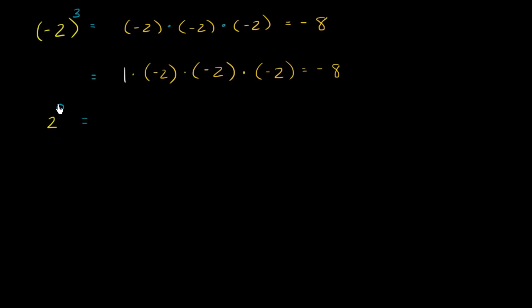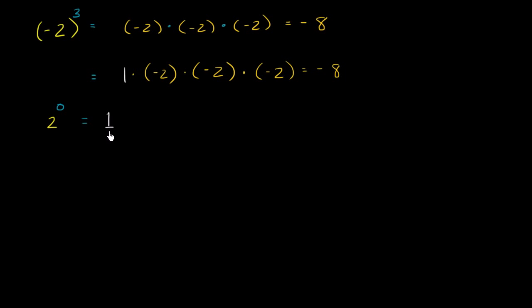Well, we just said, this says how many times are you going to multiply 1 times this number? So this literally says I'm going to take a 1, and I'm going to multiply it by 2 0 times. Well, if I'm going to multiply it by 2 0 times, that means I'm just left with the 1. So 2 to the 0 power is going to be equal to 1. And actually, any non-zero number to the 0 power is 1 by that same rationale.